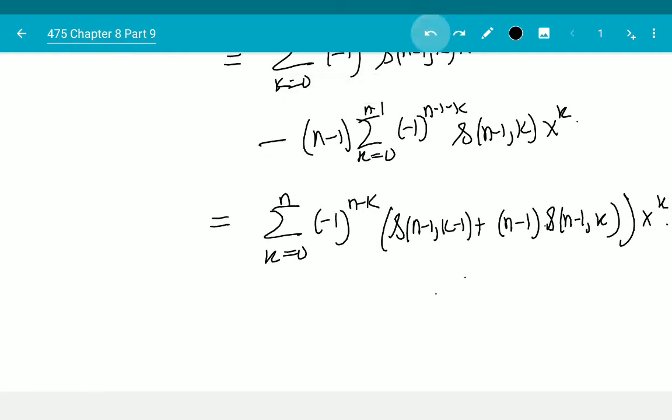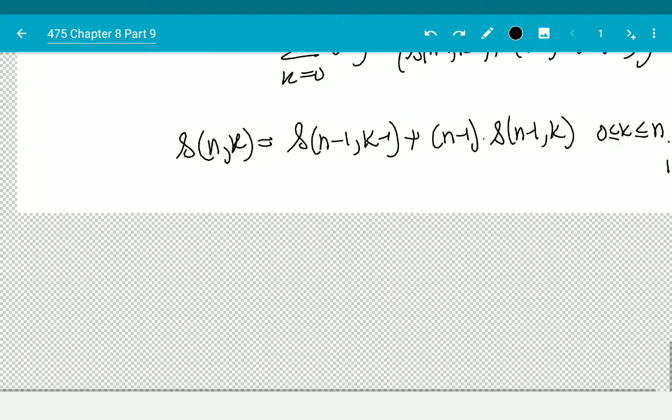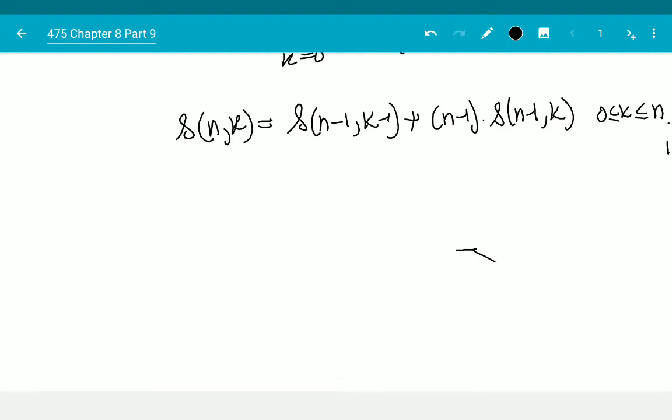And therefore, comparing it to the previous one, I get small s of n comma k is equal to small s of n minus 1 comma k minus 1 plus n minus 1 times s of n minus 1 comma k, for 0 smaller than or equal to k, smaller than or equal to n. That's my recurrence relation. I can use that to get a closed form.